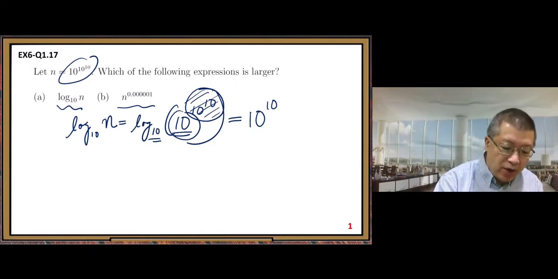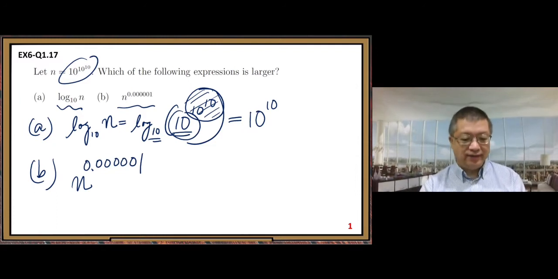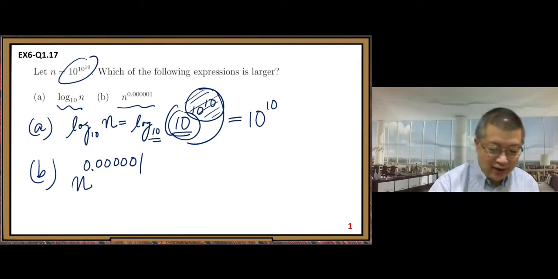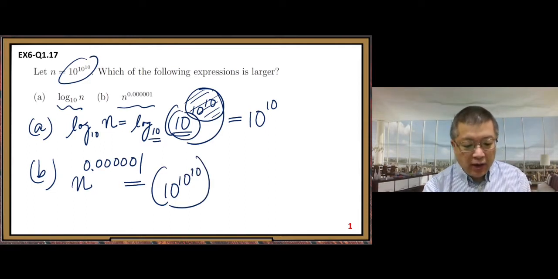This is the A expression. Now let's look at the B expression. N to the 0.00001. How about that? It looks very small, but not really that small, right? So let's take a look. 10 to the 10 to the 10th, then the number.